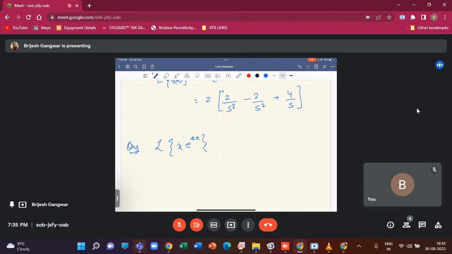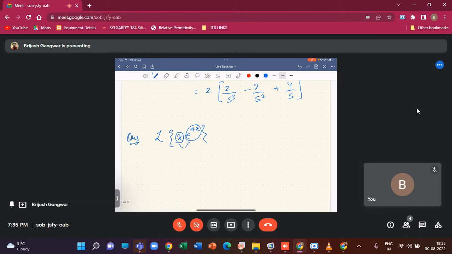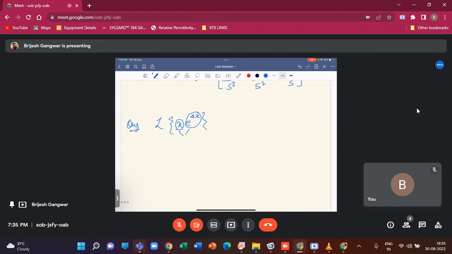So we know the Laplace of this one, we know the Laplace of this one, but we don't know any property related to the product of these two functions. So how will you solve? Any idea?